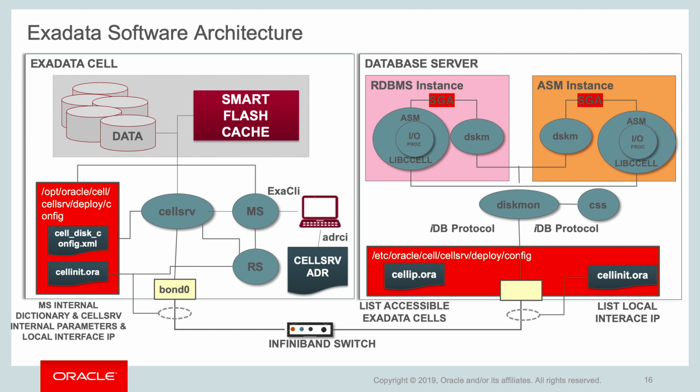CellCLI or ExaCLI allows user interaction and configuration management, which includes the creation and deletion of grid disks, or changes in hardware, SNMP traps, and alerts. Cells can be added to cellip.ora dynamically. So let's take a look at the right hand side.